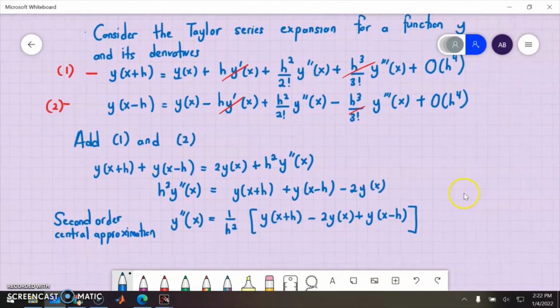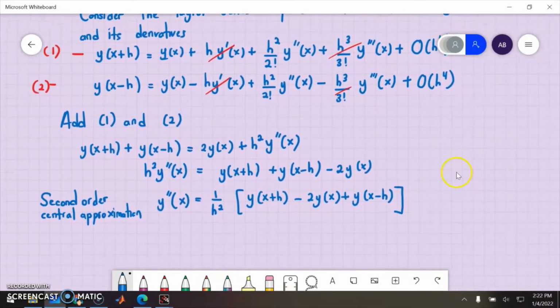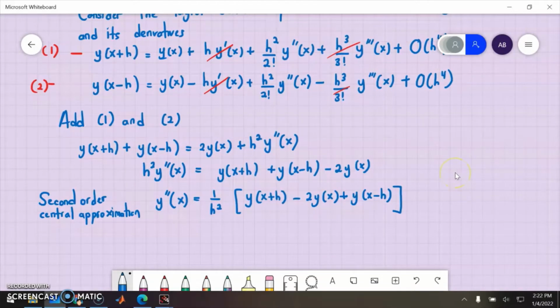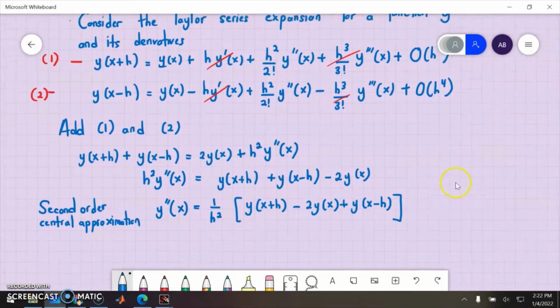Now similarly, instead of adding them, you want to subtract.